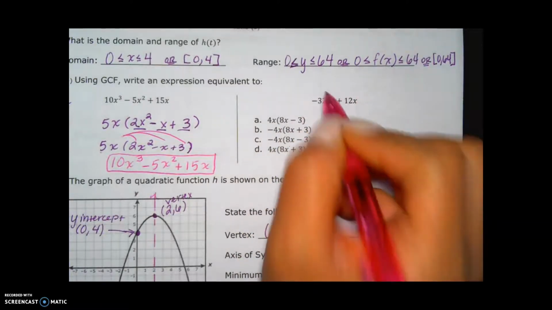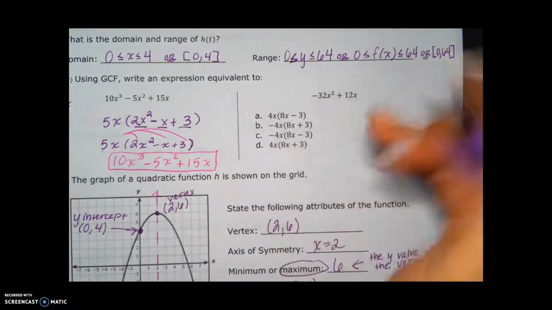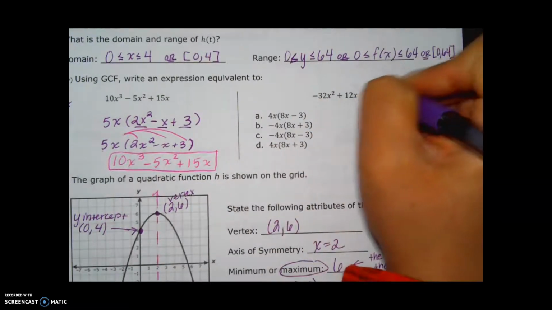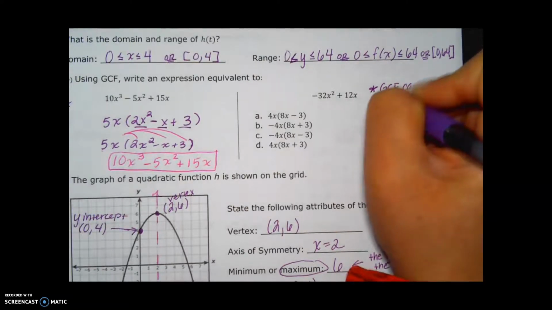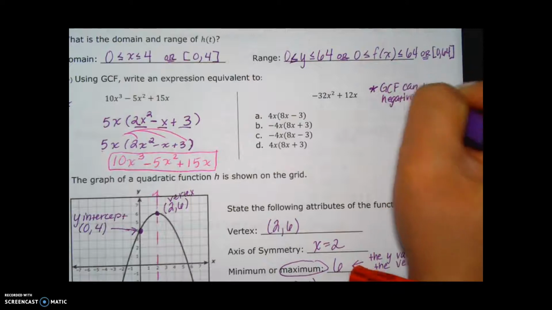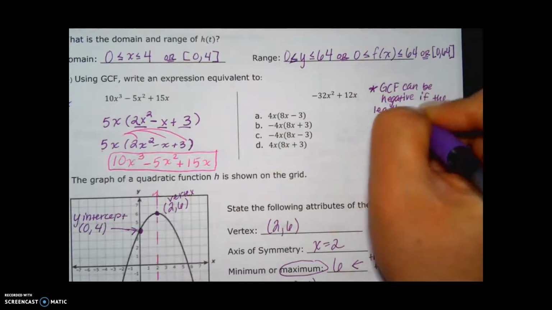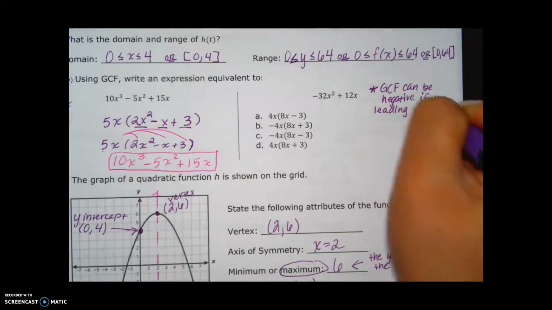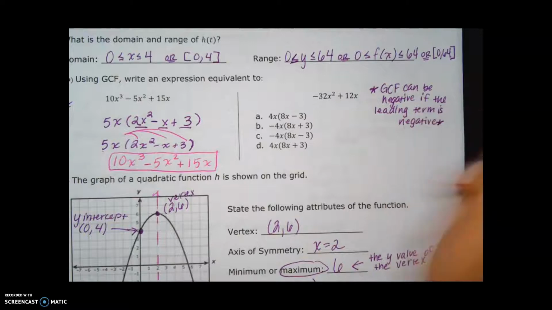Now, yesterday I was mistaken when we said the GCF was 4x. The GCF can be negative if the leading term is negative also. So we'll treat it like the last one.